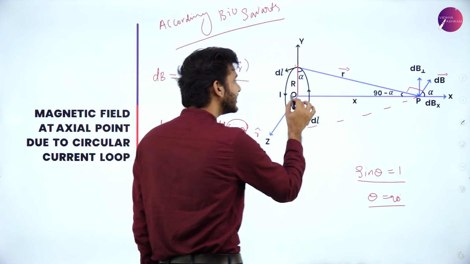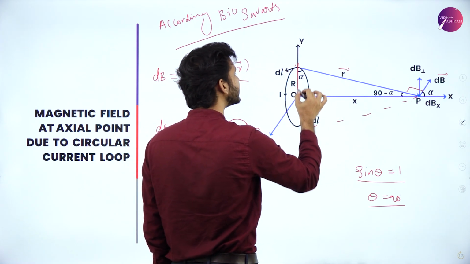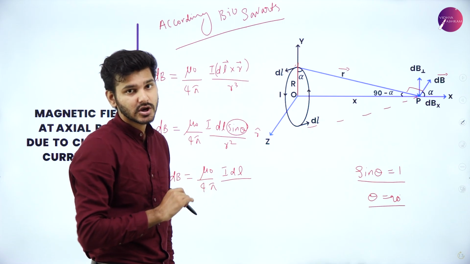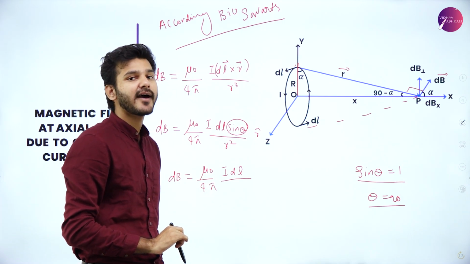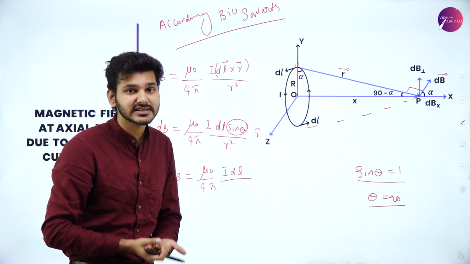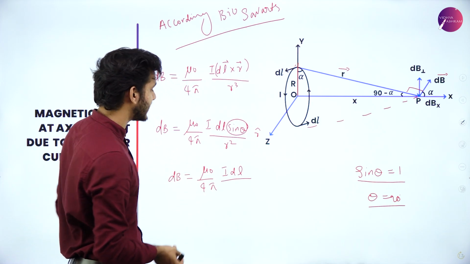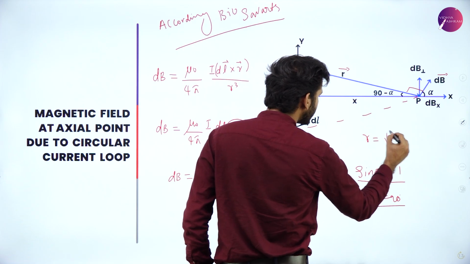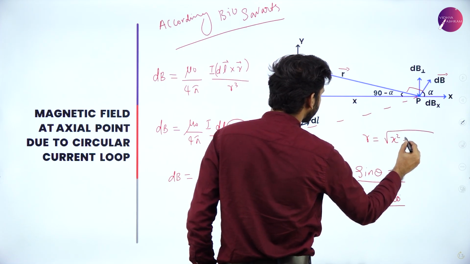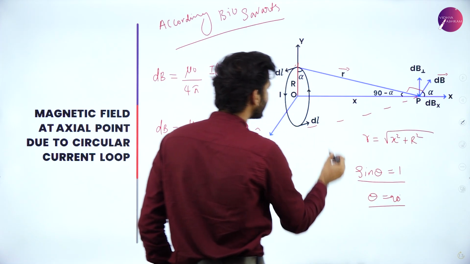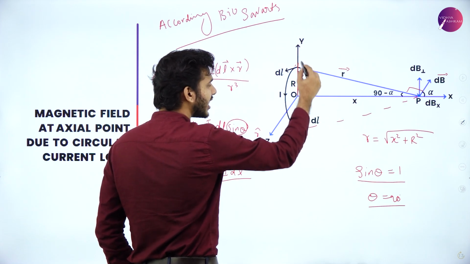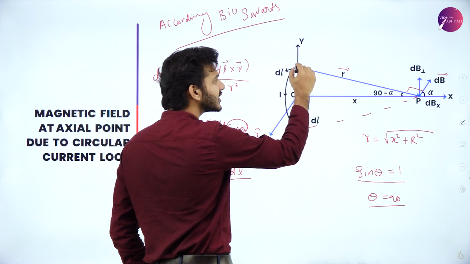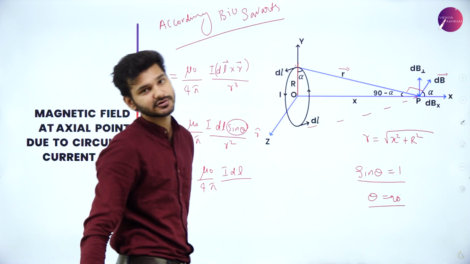We only know this distance x and this distance R. So using Pythagoras relations, we can say that r is equal to root of x square plus R square, because base square plus altitude square equals hypotenuse square.